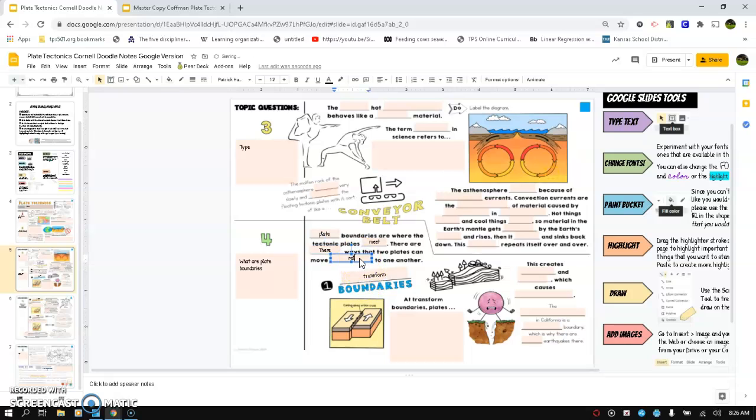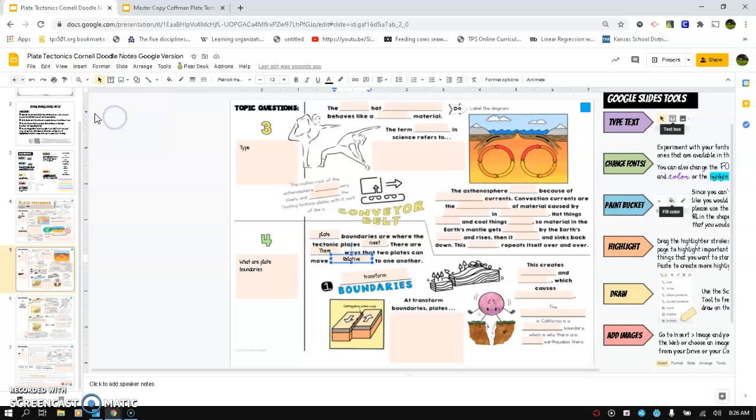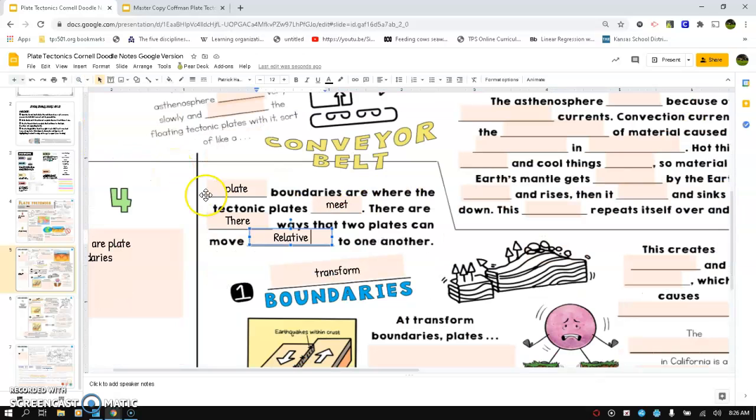Relative just means that they're not brother and sister, that they're just related to, or somehow functional towards each other. Okay, let me go ahead and zoom in so you can see where that goes.